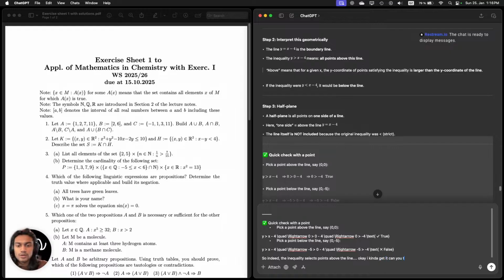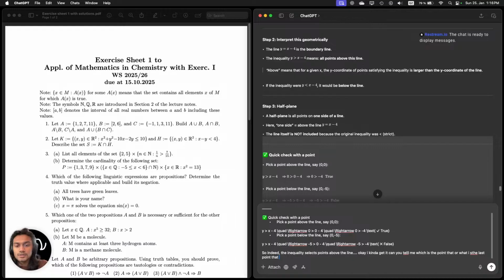Can you tell me which is the point? What is the last point at which this equation stays true?